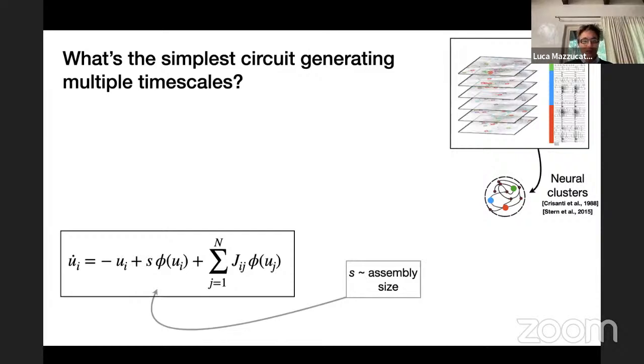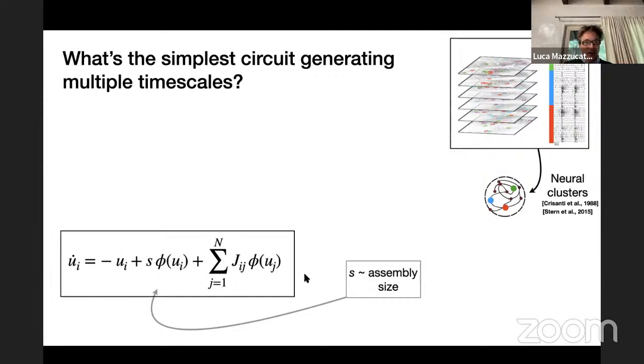Our point of view here is a phenomenological approach in which we think about every unit in this recurrent network as a population of neurons. So we think about this as a phenomenological model of some cortical activity. Every unit represents the average activity, in a mean field sense, of a bunch of neurons that have the same functional properties, for example, some kind of a Hebbian assembly.